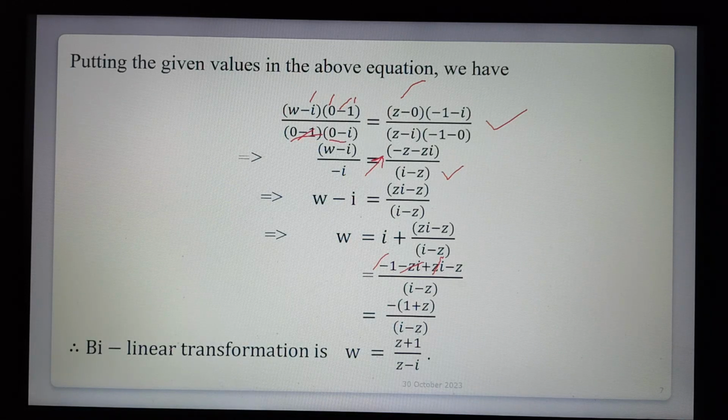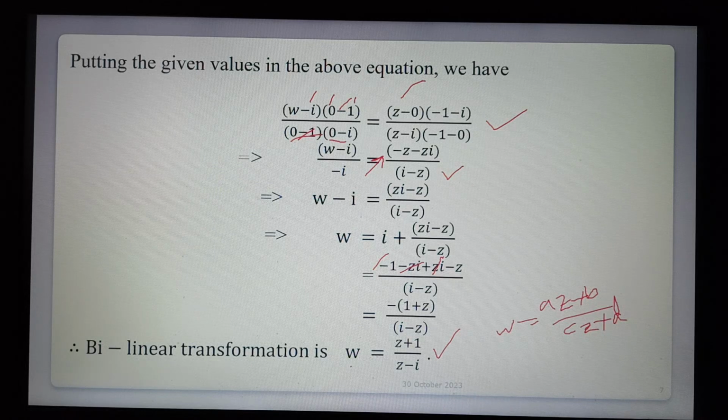Therefore the bilinear transformation w is equal to z plus 1 by z minus i, which is of the form w equals az plus b by cz plus d. This is the bilinear transformation we need.